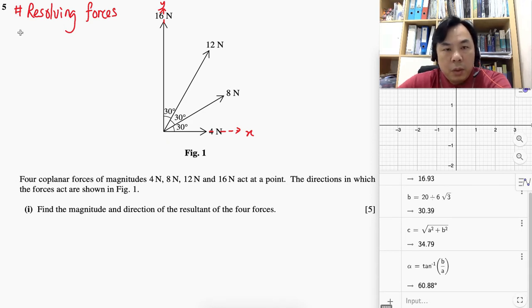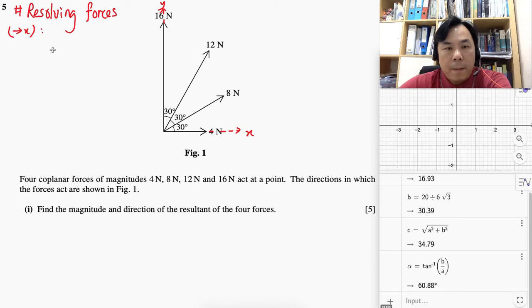So we're going to resolve that into their respective components. The first one, we're going to focus on the horizontal direction, so in the x direction. Here I just label in short. In the x direction, we're going to refer to each one of these forces.